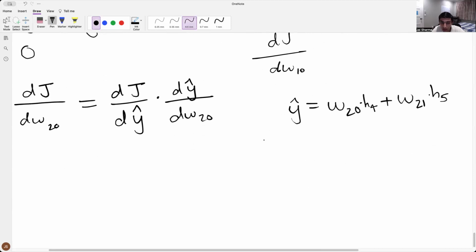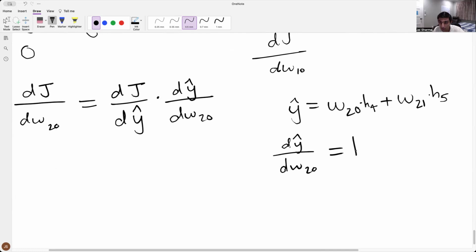And we want to find the derivative of y hat with respect to W20. I don't know why I picked the number 20, but here dy hat/dW20, if you're taking it with respect to W20 specifically, everything else over here would be considered a constant.